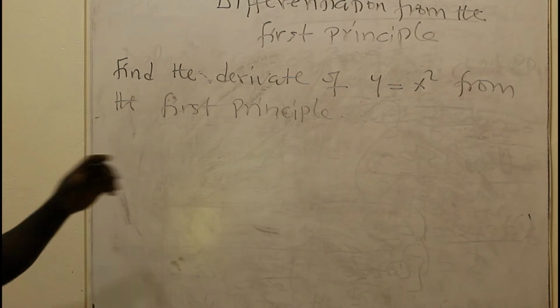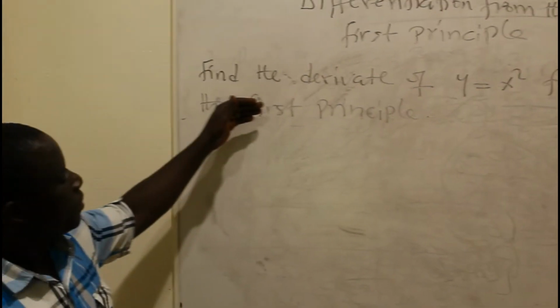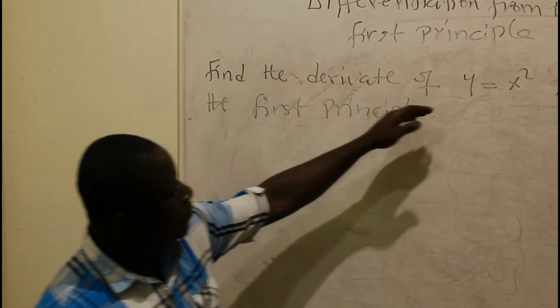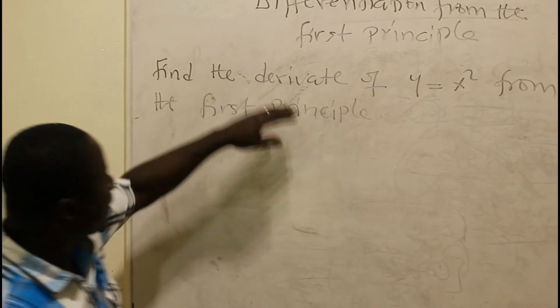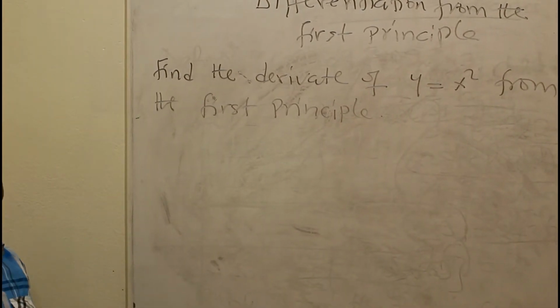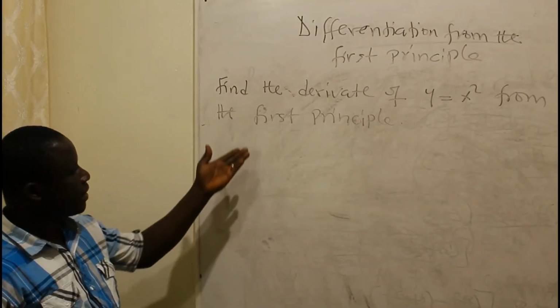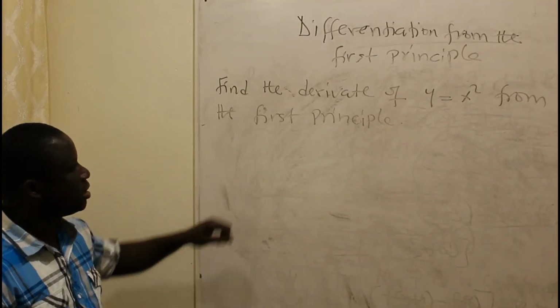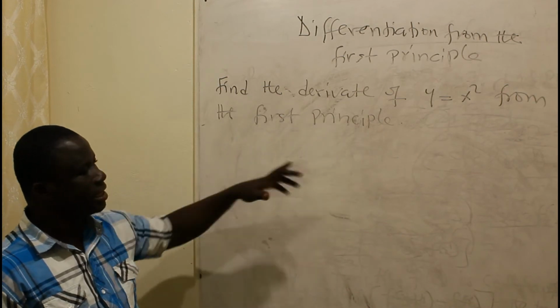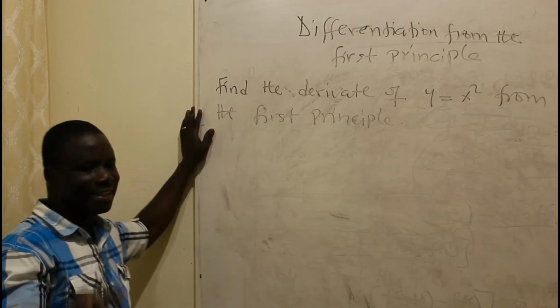So if you are asked to find from the first principle, the gradient or the derivative is the same as the gradient or the slope or the dy dx. So note the terms. When they say the derivative, the derived function, the derivative of that function is the slope. It is the gradient. It is the dy dx.